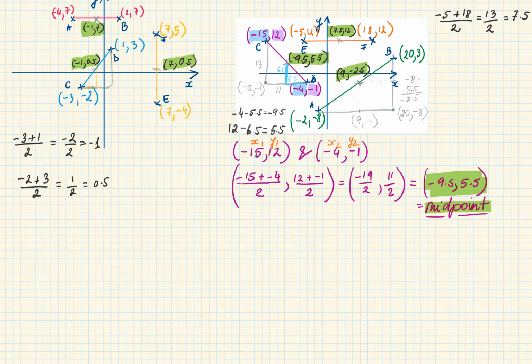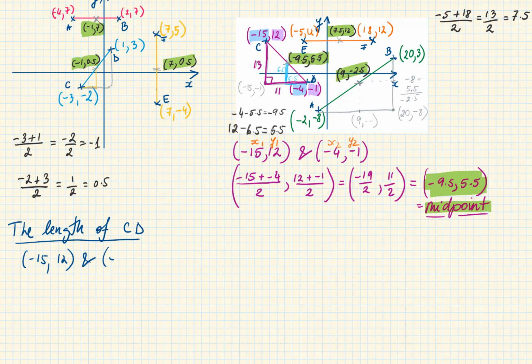To work out the length of this line, we can consider this as being a right angle triangle. So the length of CD, which is formed by the points minus 15, 12 and minus 4, minus 1. We can consider this triangle that we have just drawn up above with the dimensions 13 and 11 and x.